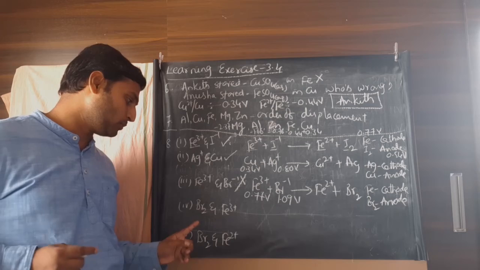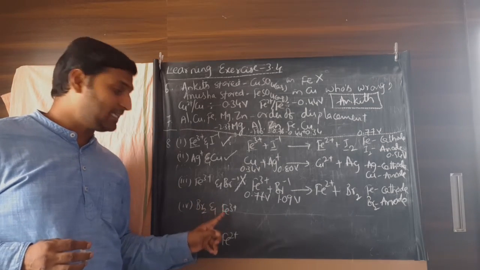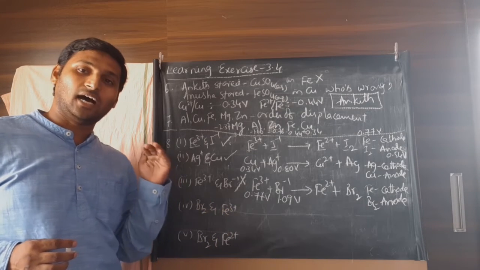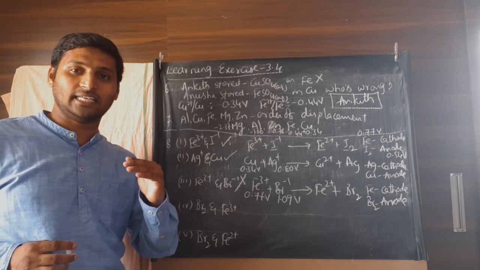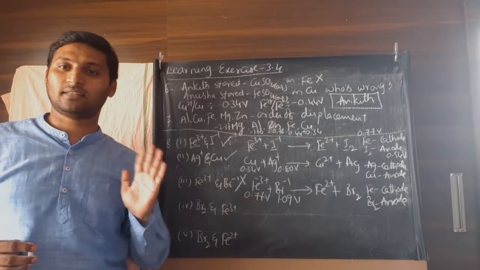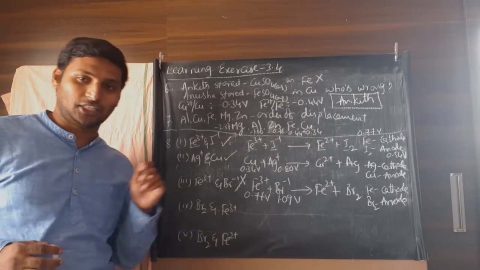Okay. Now, iron is in its +3 state, ferric state. The highest possible oxidation state for iron is +3. It can also only undergo reduction.